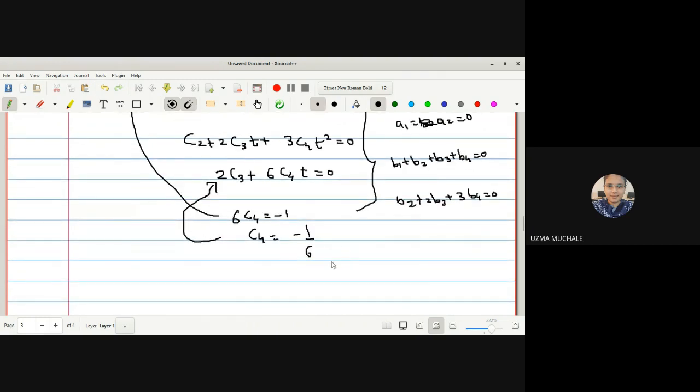Let us solve. So what I get for the value of C3 is, after substituting C4 equal to minus 1 upon 6, 2 C3 plus 6 times C4, which is minus 1 upon 6 into T, equal to 0.